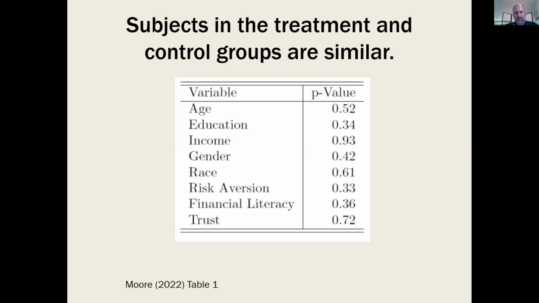Using these key variables, I show here the p-value for a test for differences in means between the 2 groups. In all of these cases, the p-values are well above 0.1, indicating that there's no significant difference in important demographic or psychological characteristics across the 2 groups.